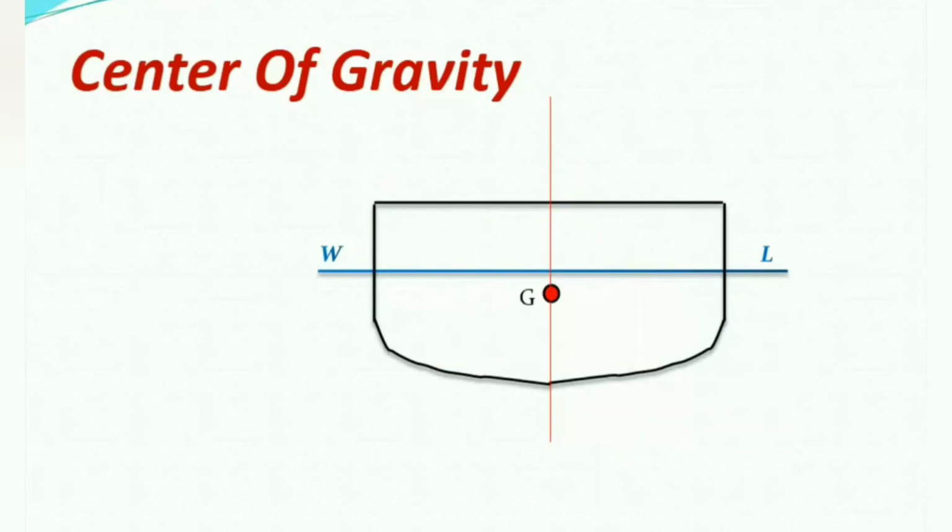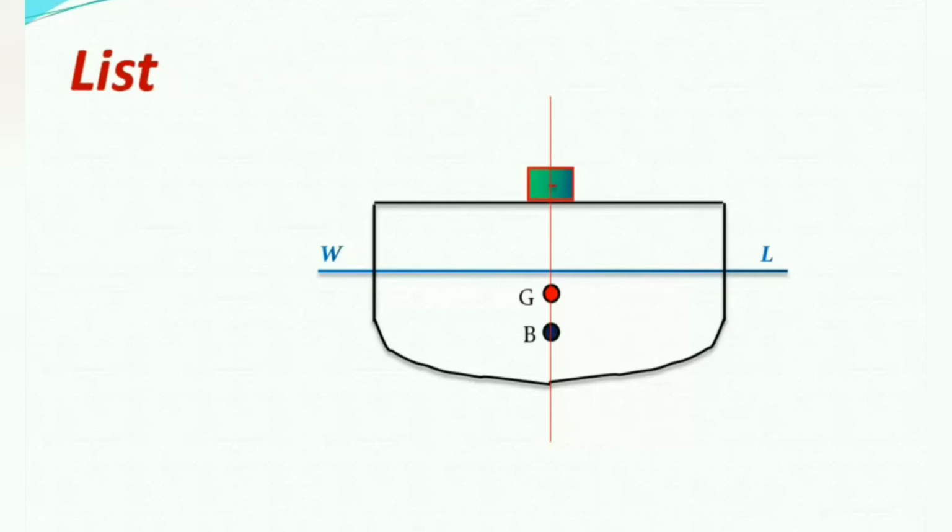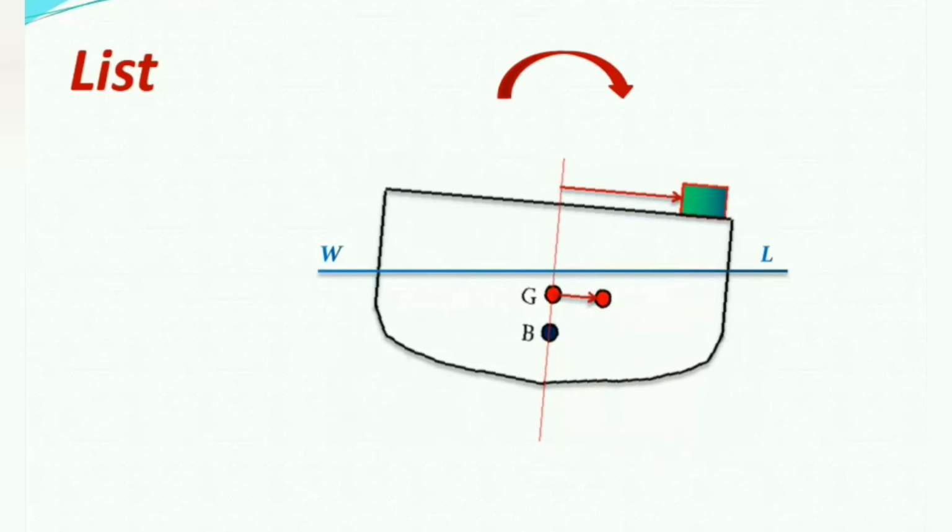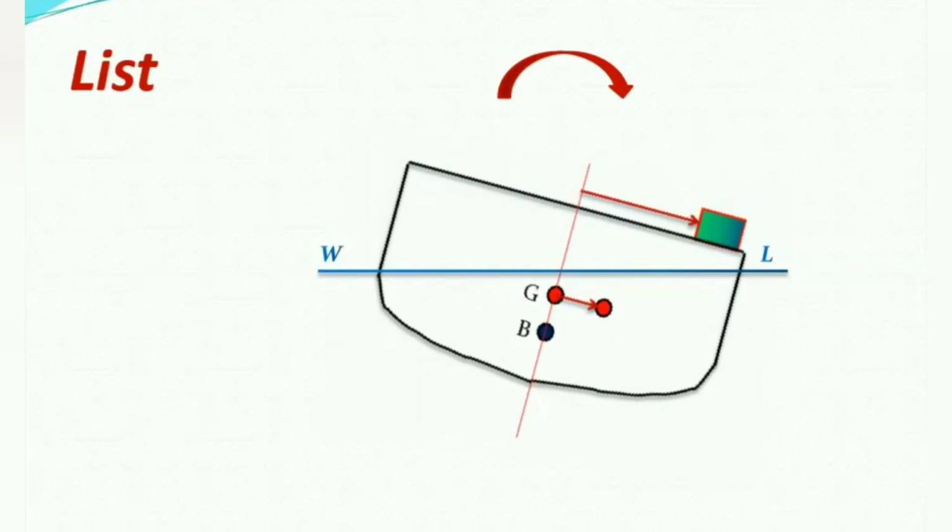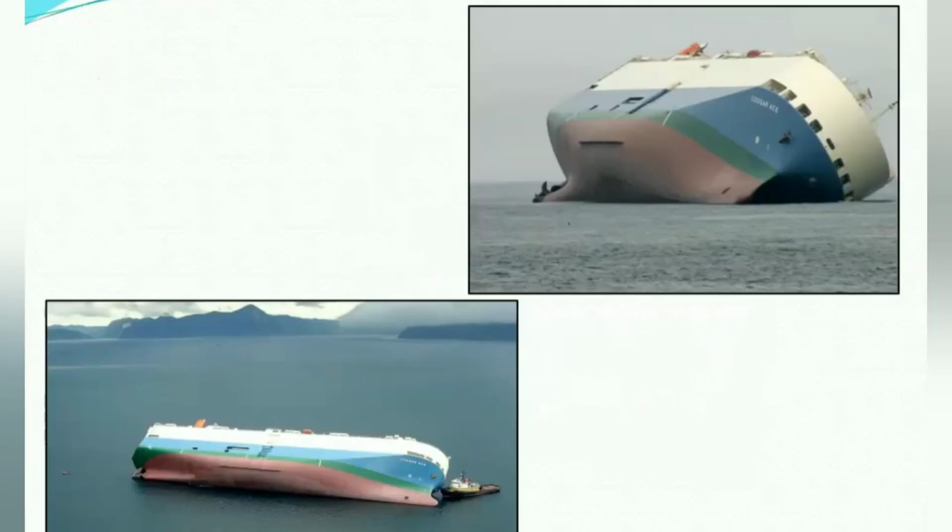Heavier things influence the position of the center of gravity more than light things. Off-center weights can pull the center of gravity off the center line, causing the vessel to list. List means a permanent transverse inclination acquired by the ship.